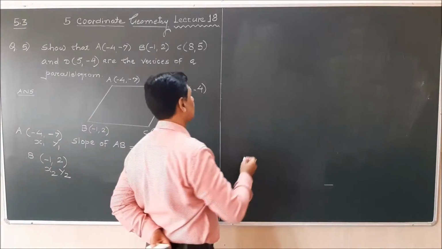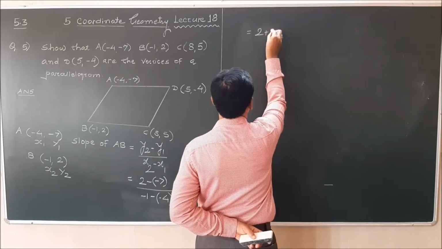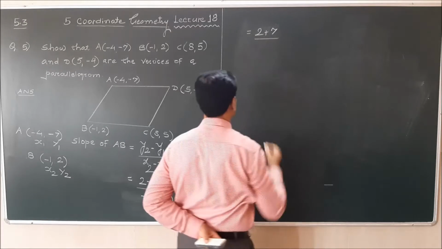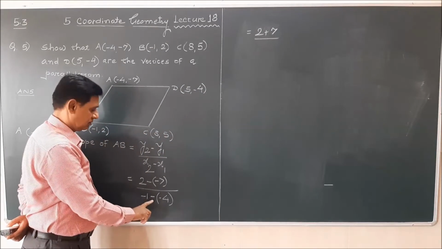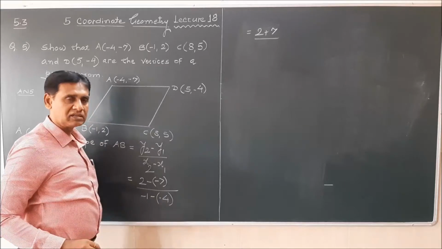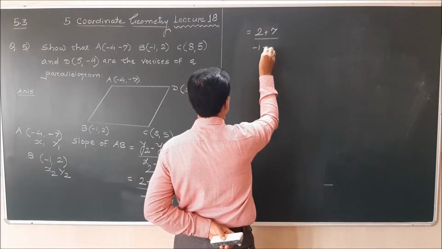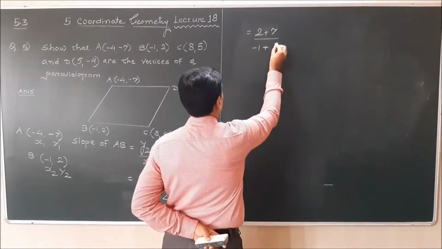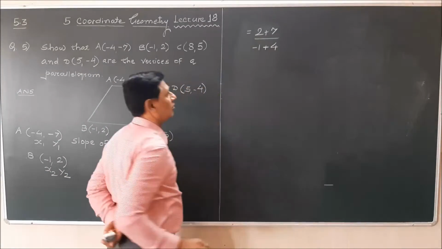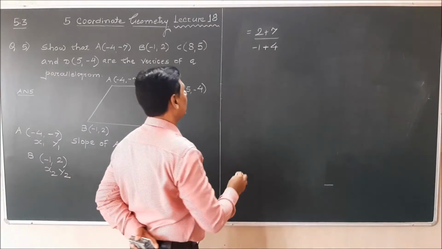So 2 plus 7 upon minus 1, minus into minus is plus, so minus 1 plus 4, that will give us 9 upon 3.